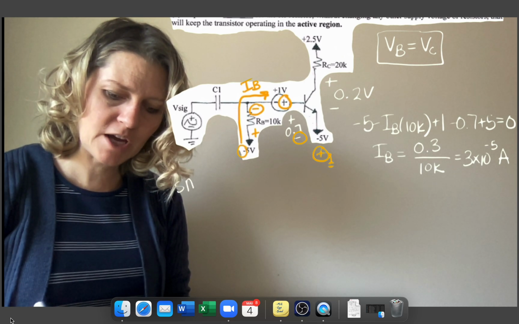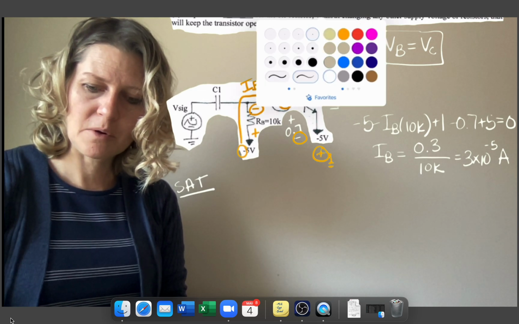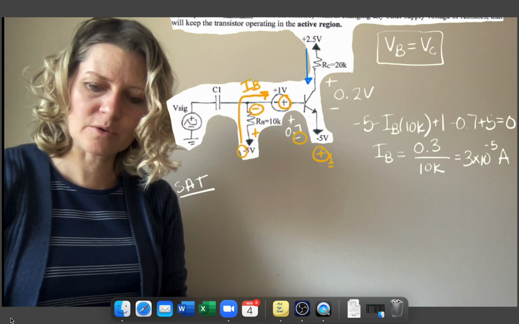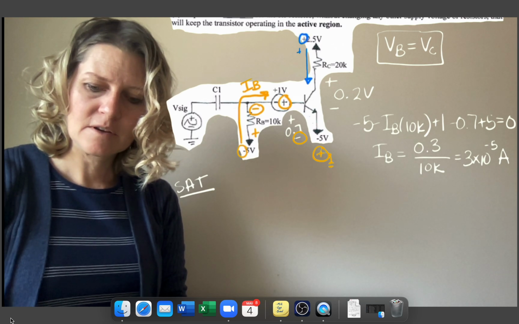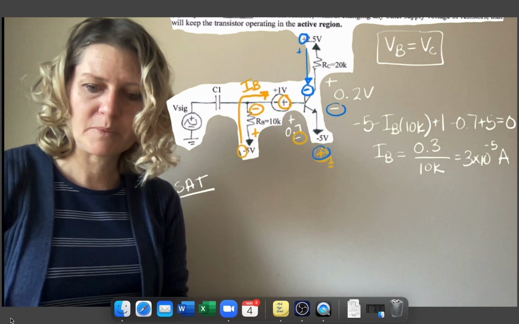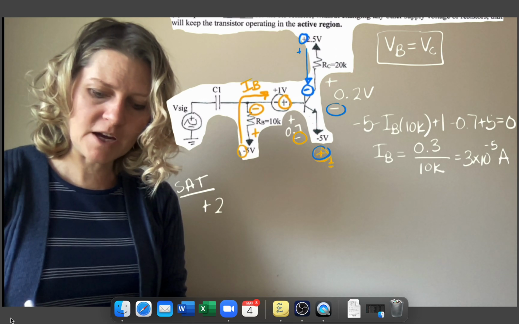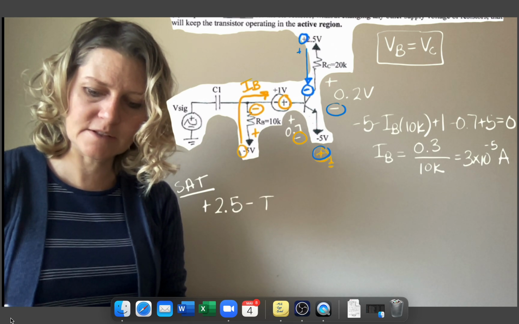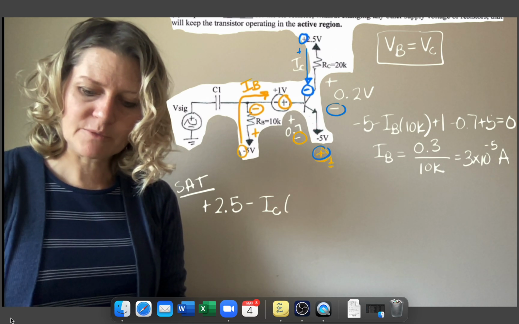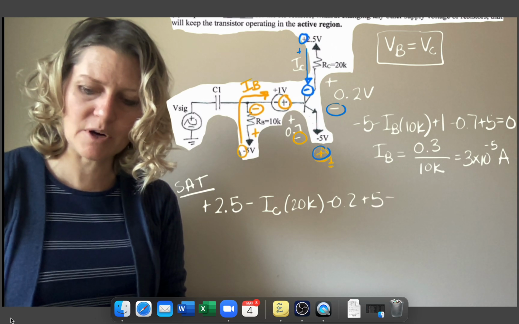So this is for saturation. I'm going to take a loop from the top and I'm going to go down. So this would be a plus, this would be a minus, minus, and then I can have a plus there. So that loop, I get a plus 2.5 minus IC, forgot to write that, that's IC, times 20K minus 0.2 plus 5 equals 0.